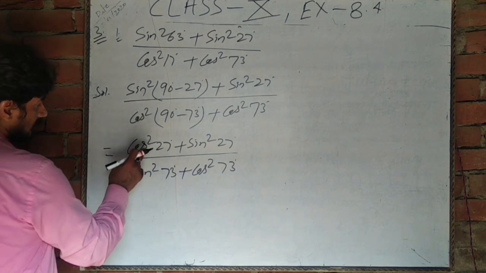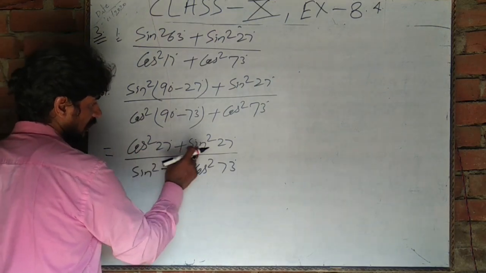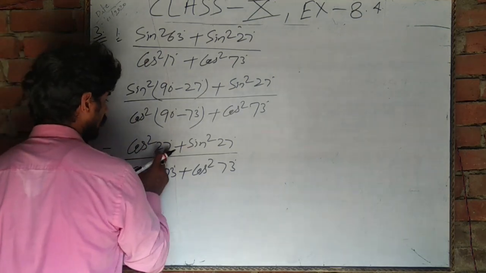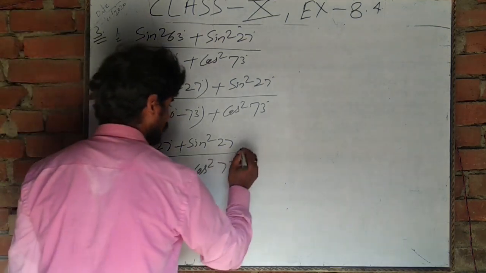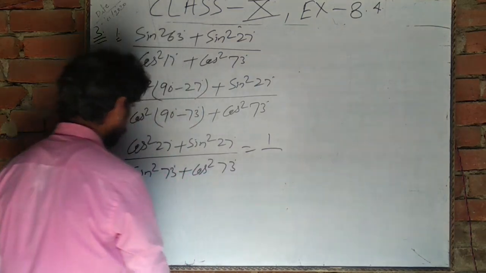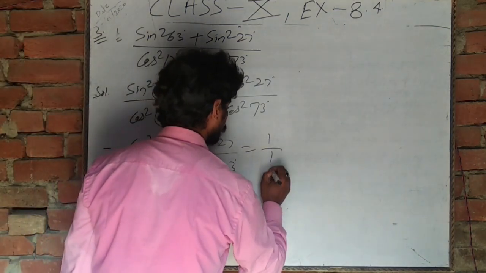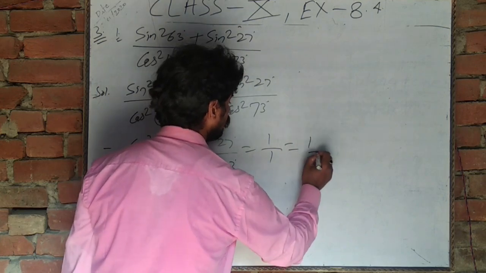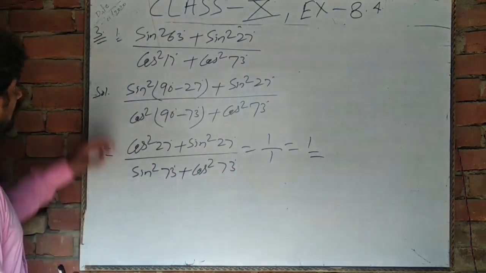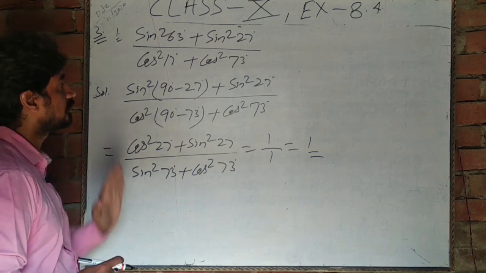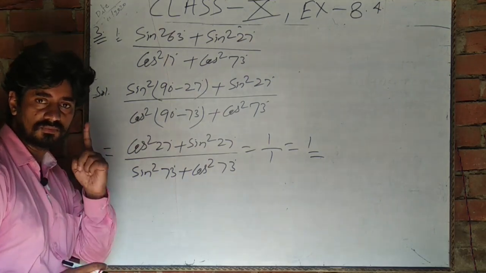You know that cos square theta plus sin square theta is equal to 1. So cos square 27 plus sin square 27 is equal to 1 by sin square 73 plus cos square 73 is equal to 1. So the value of sin square 63 plus sin square 27 by cos square 17 plus cos square 73 is equal to 1.